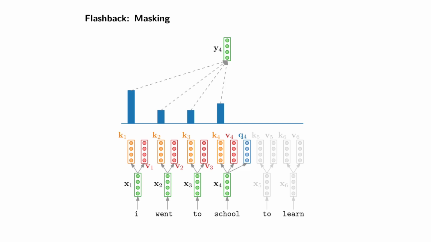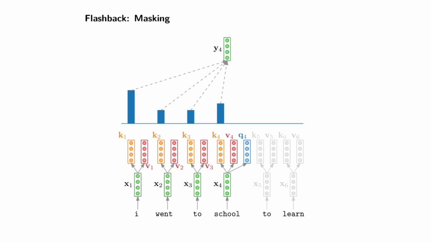It's called masking. So the idea of masking is basically to constrain the attention weights so that when we're trying to predict, for example, the fourth time step in this example here, it's not allowed to look into the future. Or more concretely, it's not allowed to incorporate the values of things that happen in the future when it's calculating the representation for this time step here.